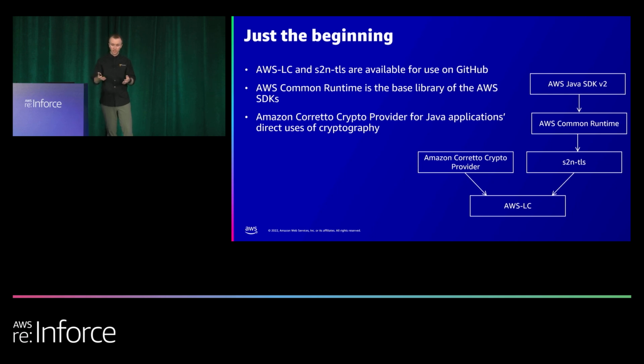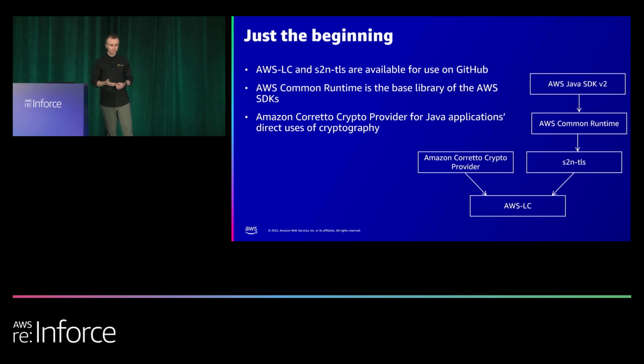There's a new version that is built on top of the AWS Common Runtime, which is a lightweight C library that provides common functionality for all of the AWS SDKs. And this is built using S2N TLS and AWS-LC. So by updating your code to the new AWS Java SDK v2, you can take advantage of all of the performance and security benefits, but still use the same existing Java API that you're already familiar with when connecting to AWS.